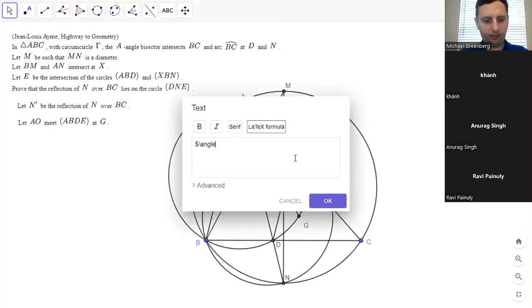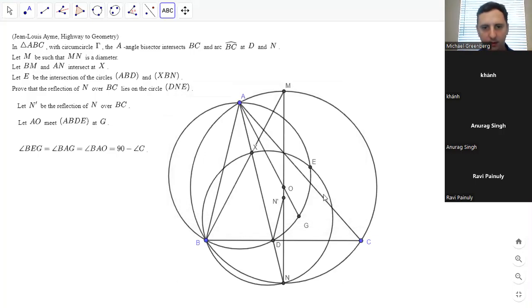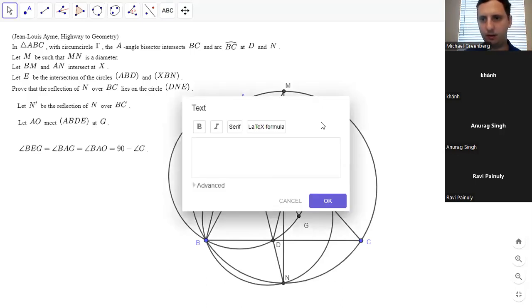So angle BEG equals angle BAG equals angle BAO equals 90 minus angle C. And then we also have angle BEN is equal to angle BXN.